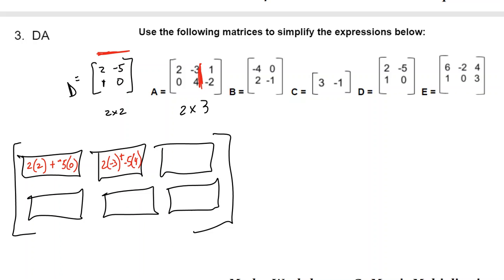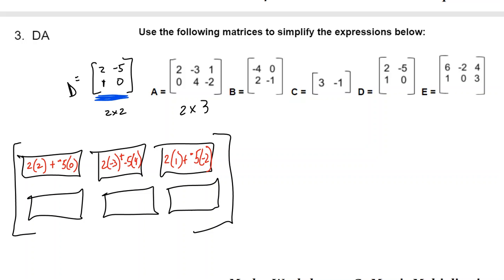And then we're going to switch over to the last column, 2 times 1, -5 times -2. And that is going to complete the top row. Then we move on to the bottom row.